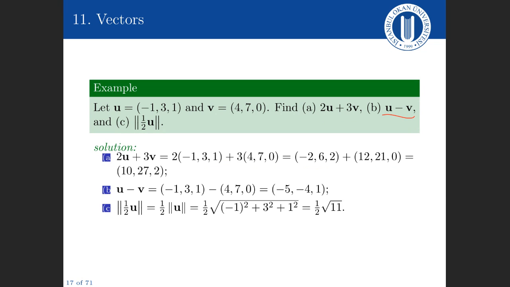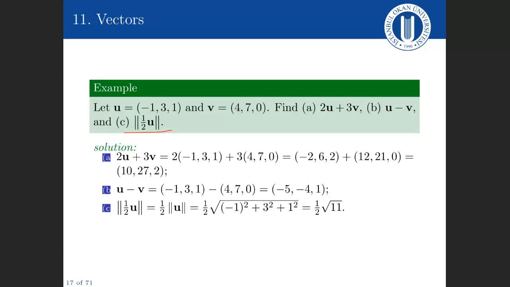Find u minus v. (-1, 3, 1) minus (4, 7, 0). We do the subtraction in each coordinate to get (-5, -4, 1). And then finally, calculate the norm of a half u.